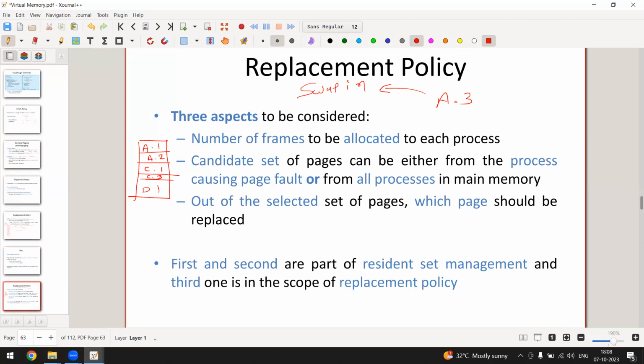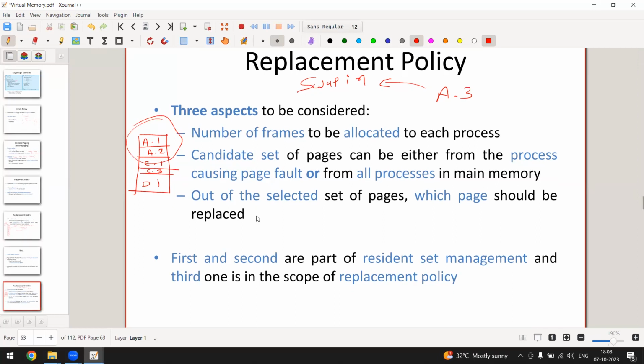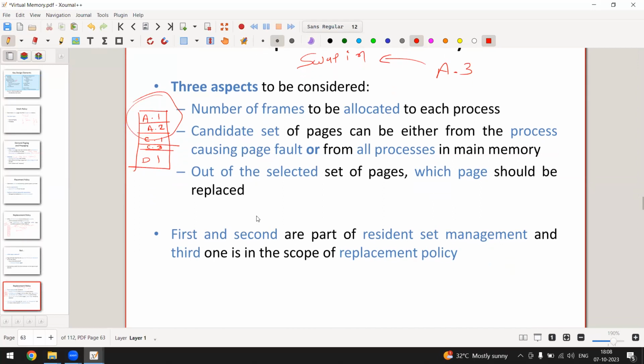Also, out of the selected set of pages, which page should be replaced? If we have selected A.1 and A.2, which one will you replace, A1 or A2? All these decisions you have to take during page replacement.